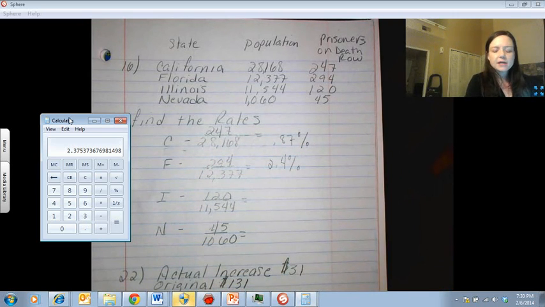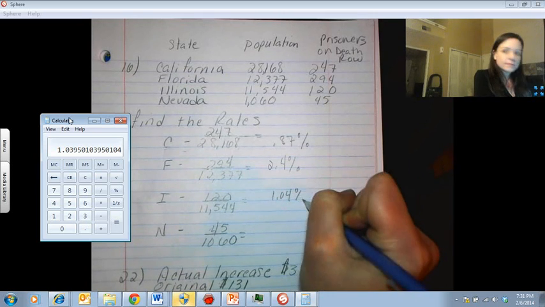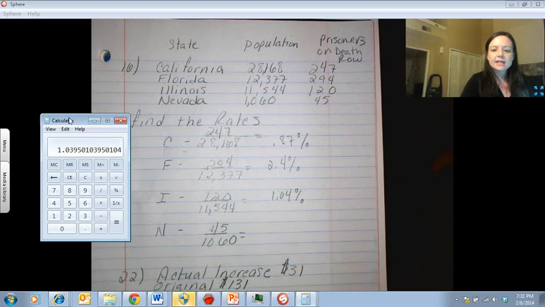Illinois, I'm just guessing Florida's going to be the highest one, but let's go ahead and finish it up. Illinois would be 120 divided by 11,544 times 100, approximately 1.04%. And Nevada, last of all, is going to be 45 divided by 1060 times 100.